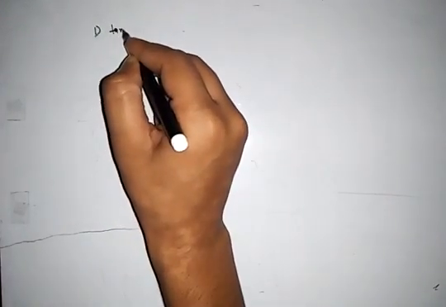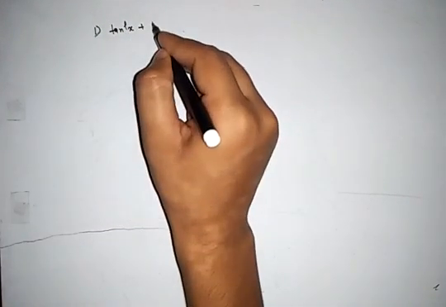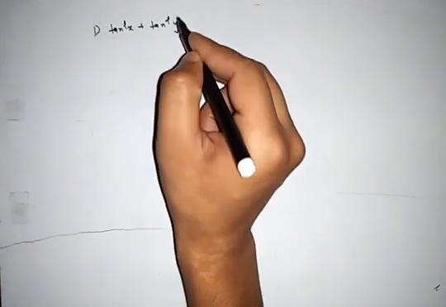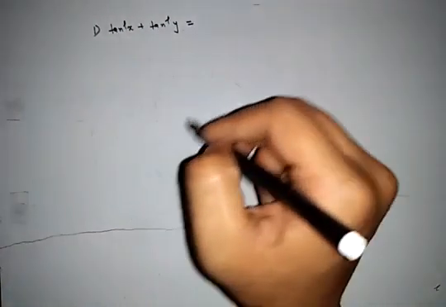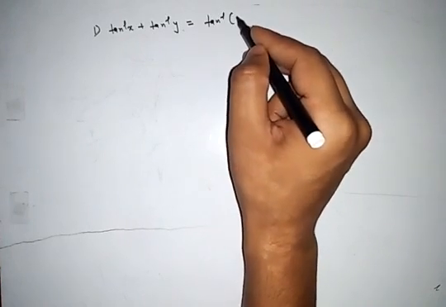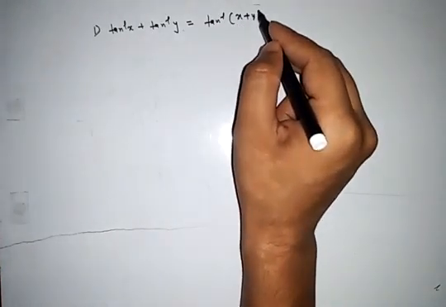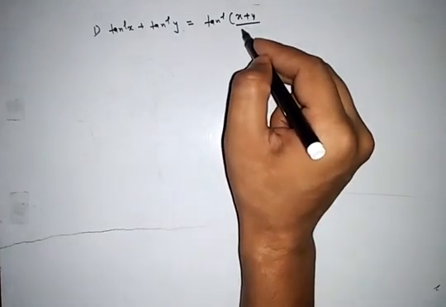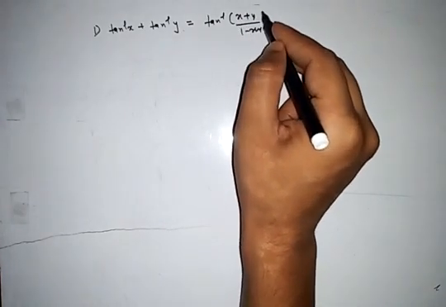So the first property is: tan inverse x plus tan inverse y is nothing but tan inverse of (x plus y) by (1 minus xy).